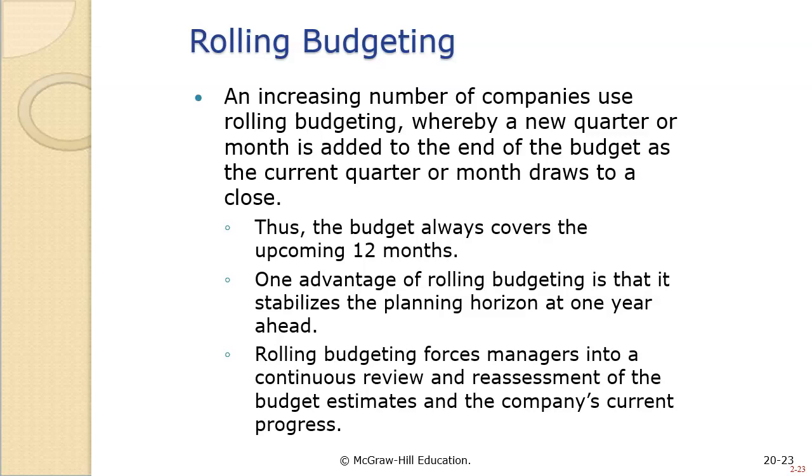Basically, if you're viewing it on a quarterly basis, you're always adding the next quarter to the report each time that you're analyzing the report. The budget always covers the next upcoming 12 months.